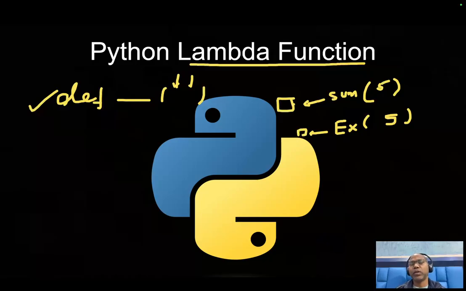Whenever we learn more functional programming concepts that Python supports, the lambda function plays a very important role in defining transformation functions, filter functions, and reduce functions. So we can say the lambda function is another way a developer can define functions.